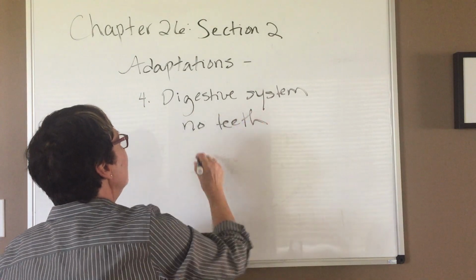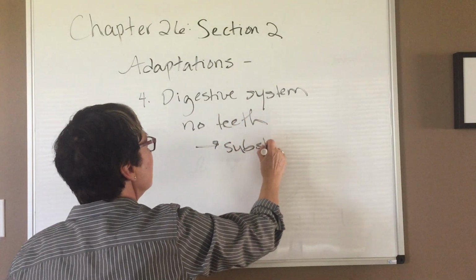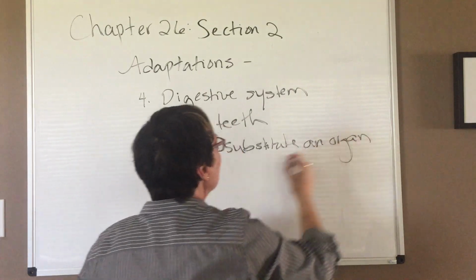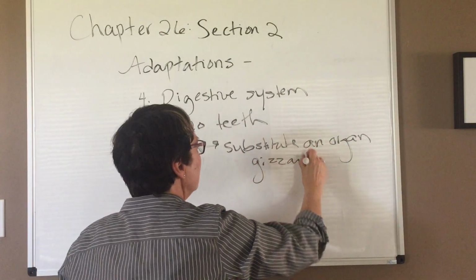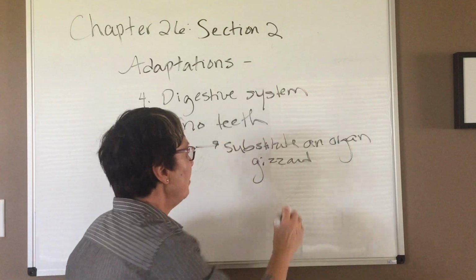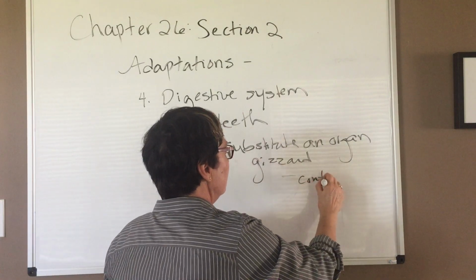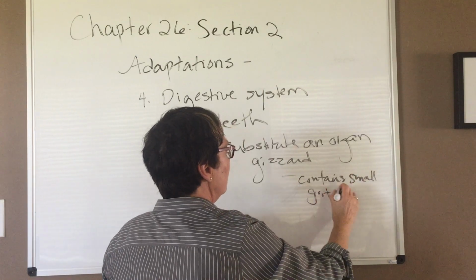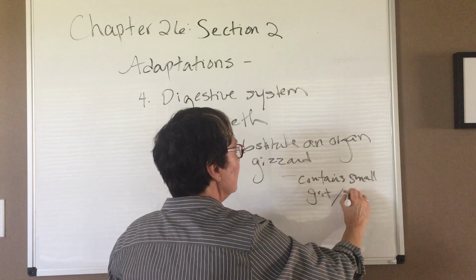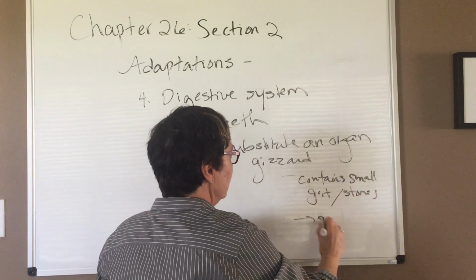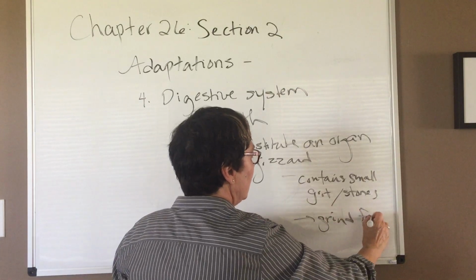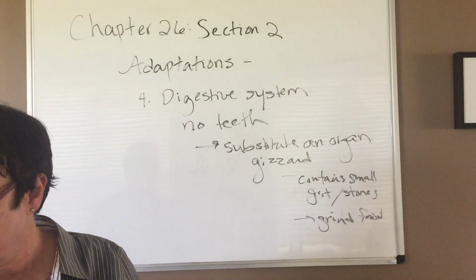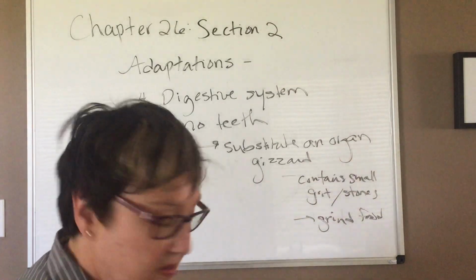Birds lack teeth, and instead they substitute an organ called the gizzard, which is a very muscular structure, often contains small grit or small stones, and its function is to grind food, such as seeds.